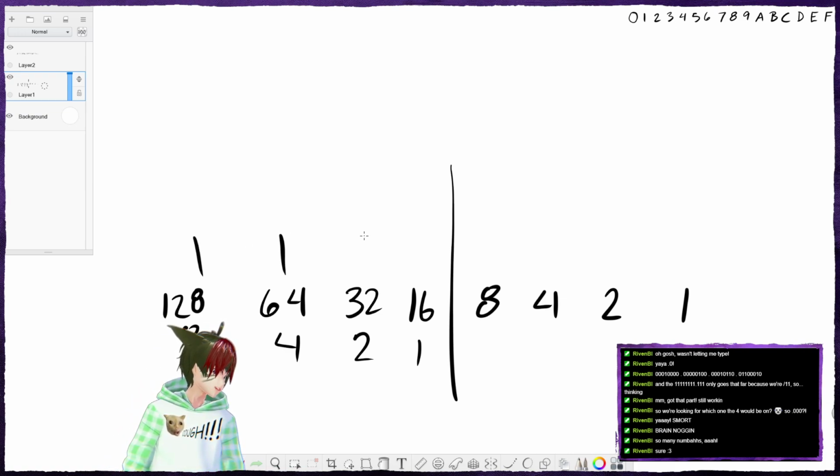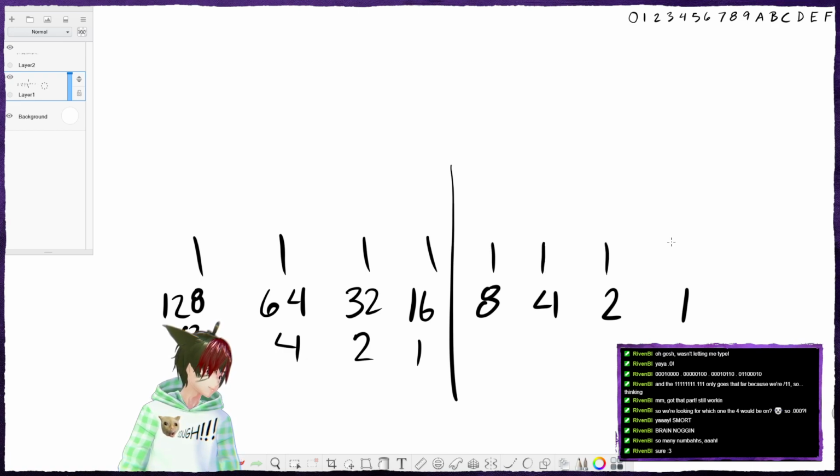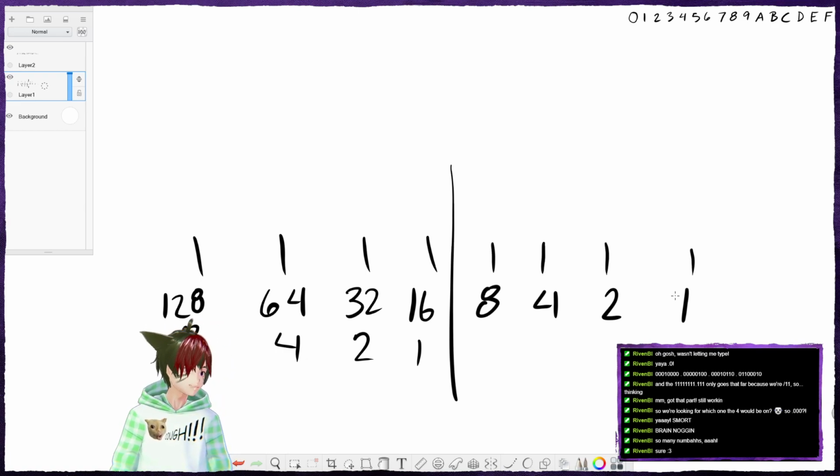So we all know. But what is that in hexadecimal?